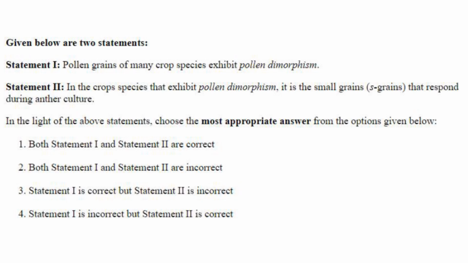And dimorphism can be seen in the size, shape or surface ornamentation of the pollen. So next statement, in the crop species that exhibit pollen dimorphism, it is the small grain, S grain, that responds during anther culture. So here that statement also is correct. So both statements 1 and 2 are correct.